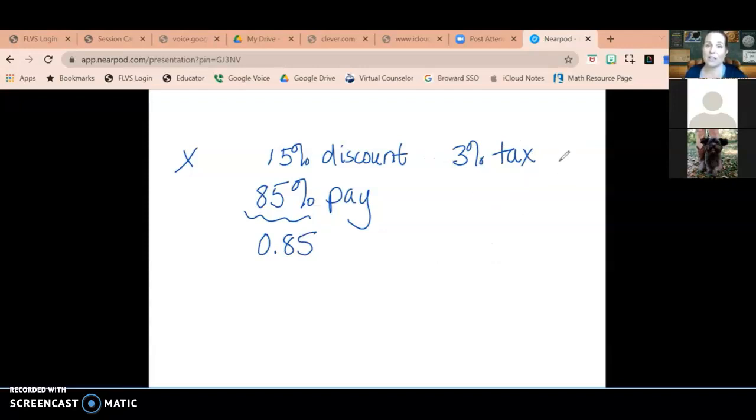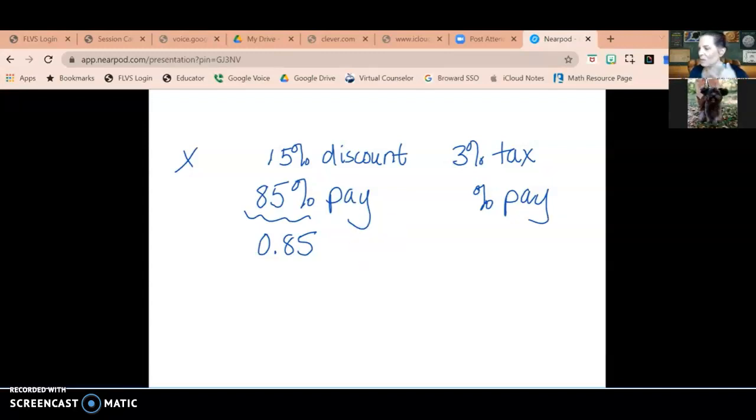All right, now let's look over on this side. If I have to pay 3% tax on top of the full amount, what percent do I have to pay? Remember what we did last time. If I have to pay 3% on top of the full discount price, what percent of the discount price do I have to pay?